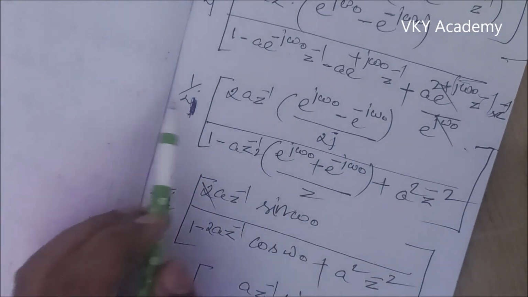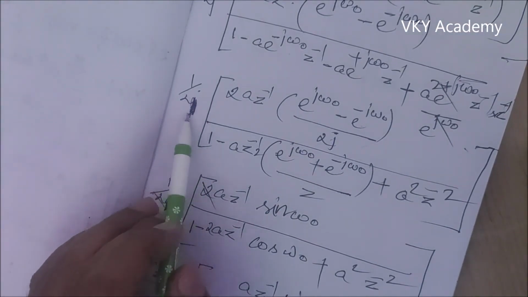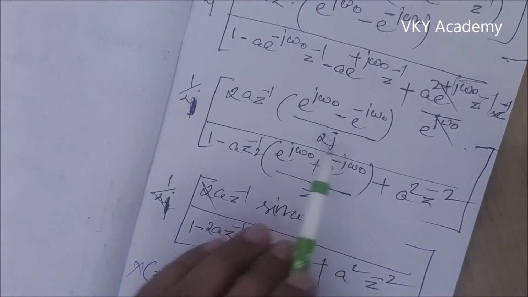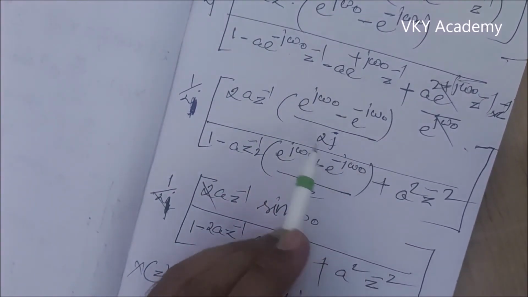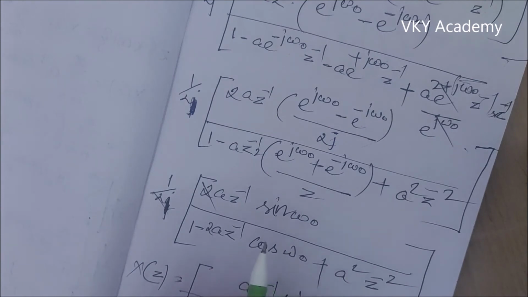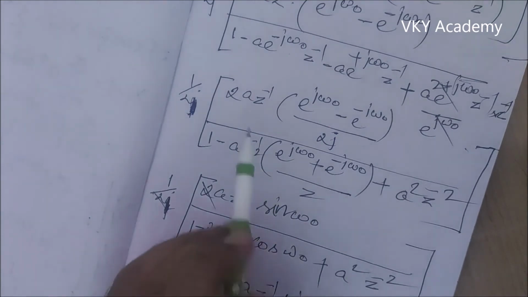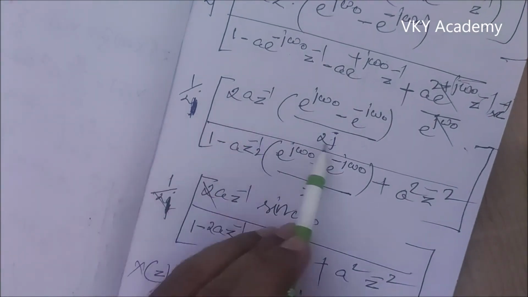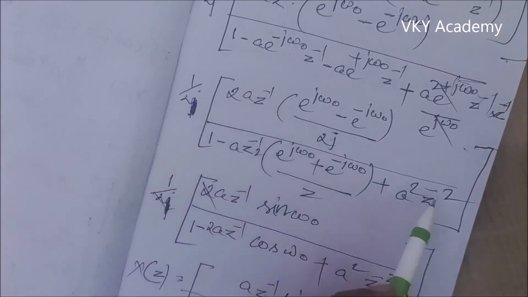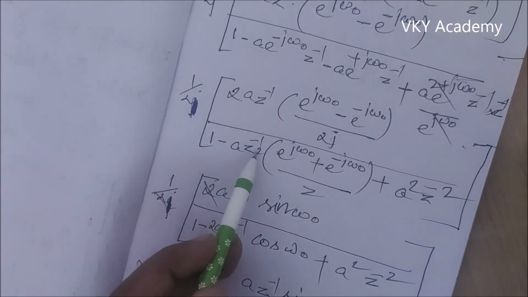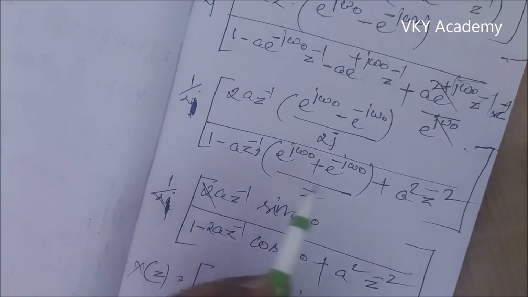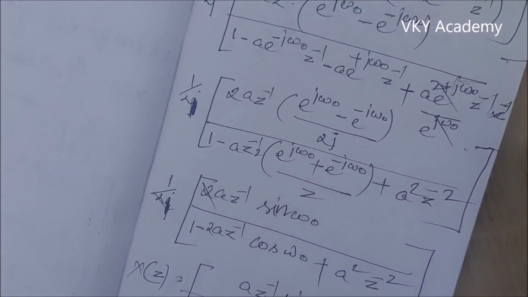Now I have written 1 by 2, I have taken j inside the square bracket so that this particular exponential can be written in terms of its equivalent trigonometric function, and I have multiplied by 2 here and divided by 2 here, and in the denominator, 1 minus a z inverse, I have multiplied by 2 here and divided by 2 here, plus a square z to the power minus 2.